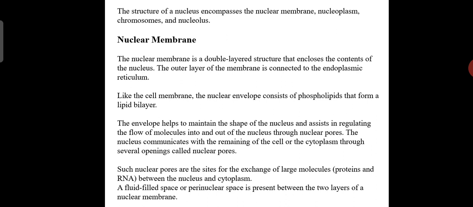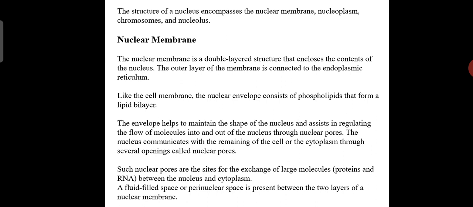The envelope helps to maintain the shape of the nucleus and assists in regulating the flow of molecules in and out of the nucleus through nuclear pores. The nucleus communicates with the rest of the cell, the cytoplasm, through several openings called nuclear pores.